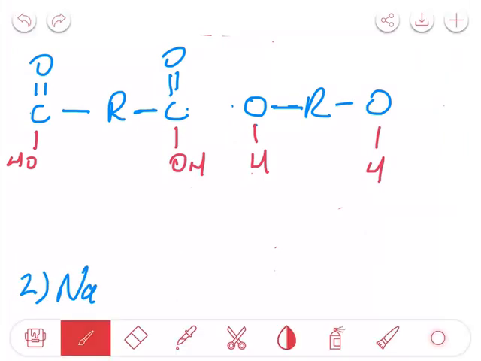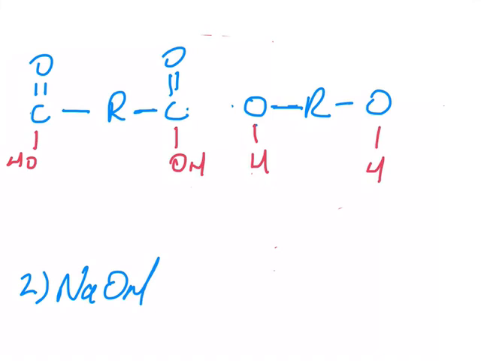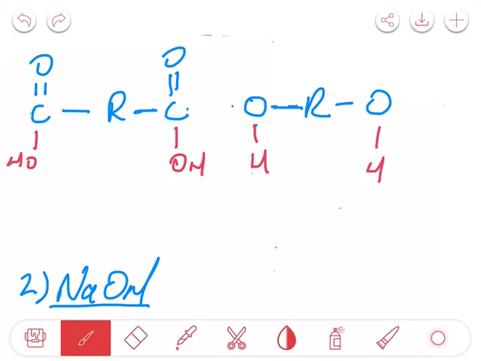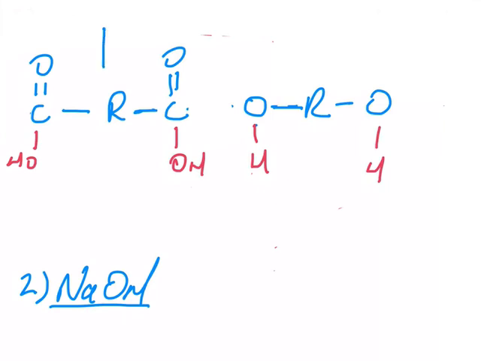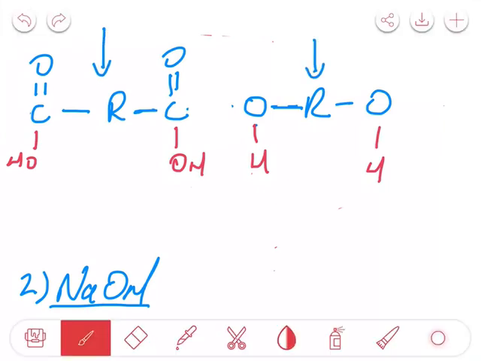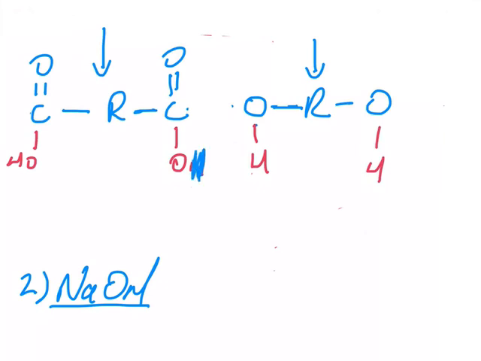So the second way that we could do this is by using sodium hydroxide. Remember, you can go back to the carboxylic acids and the derivatives and have a look at this if you have forgotten it. The sodium hydroxide is a catalyst, so it comes out unchanged. So once the water has gone back into the polyester to give us the dicarboxylic acid and the diol here, the sodium hydroxide, a metal hydroxide, reacts with an acid to form a salt.